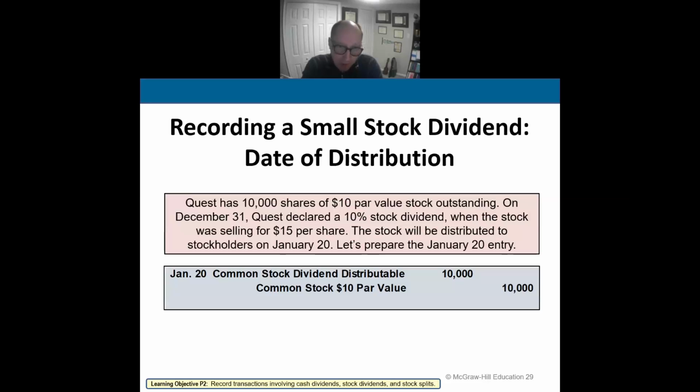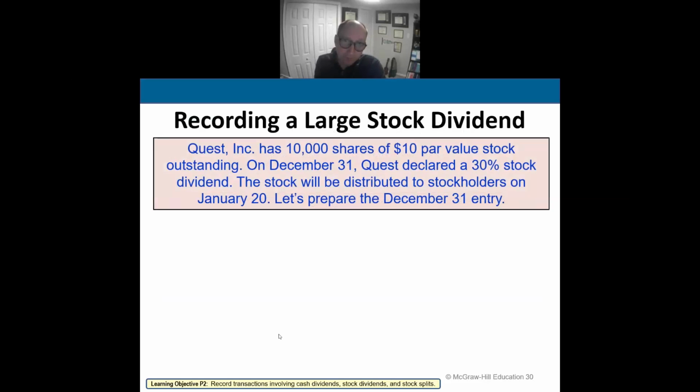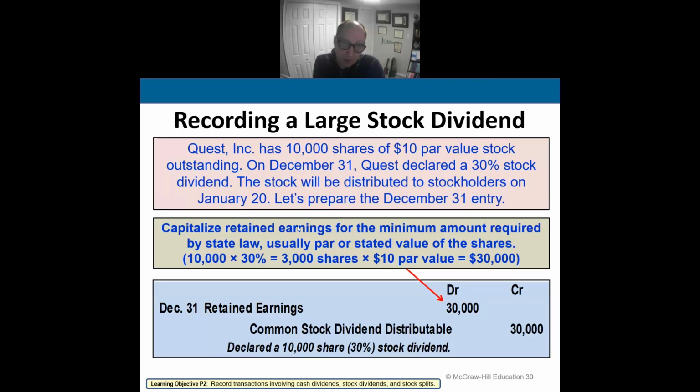The difference here is that instead of cash, of course, it's common stock and then at par value. And a lot of it has to do with the size is what makes the amount, right? So it's the number of shares times the percentage of the share that's being issued through a dividend. That's how we find the number of shares being issued.